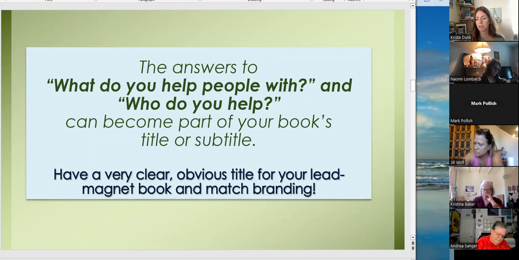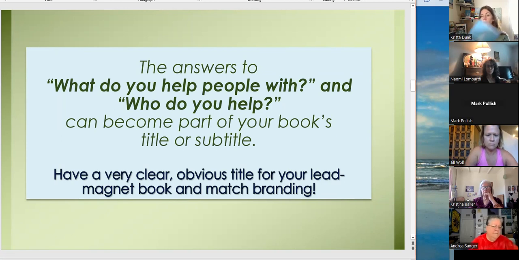And when it comes to matching the branding, if you already have like logos and company color schemes and things, or maybe you don't yet, but you're going to be developing that. And so you probably, because of the lead magnet book, like for example, Author Acceleration, guess what my group is called?